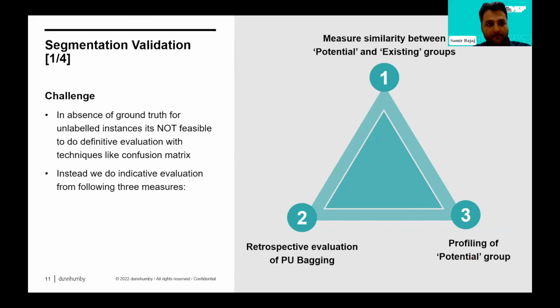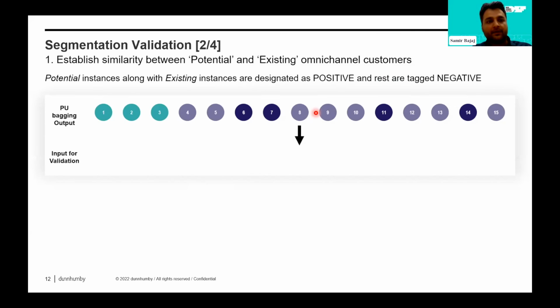So how do we establish similarity between the potential and existing omni-channel customers? So building on that illustration, we were able to tag customers 6, 7, 11, 14 as potential.